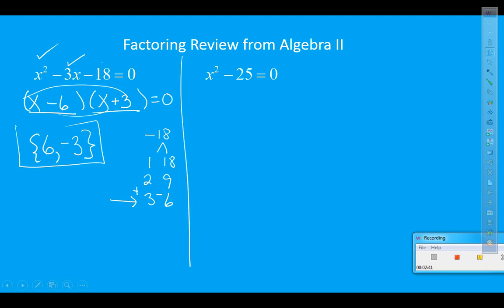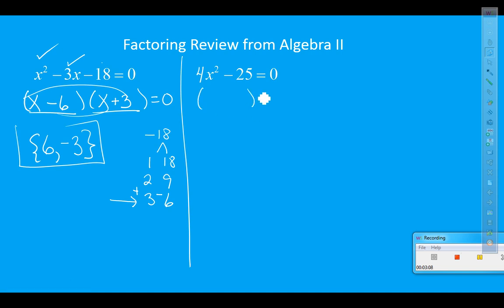Another type that shows up today is called a difference of squares. This is a simple difference of squares. I could make it a little tougher on my next one. But remember, guys, on a difference of squares, let me just do that right now while I'm talking about it. Let's go 4x squared minus 25. This one's way too easy. Difference of squares means you know the square root of the first term and the square root of the last term, and they're separated by a negative sign.